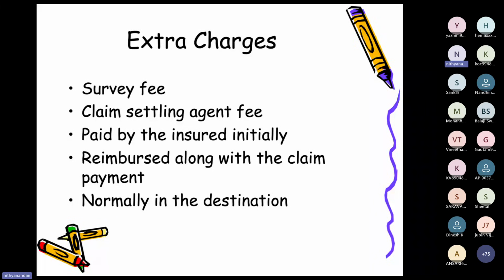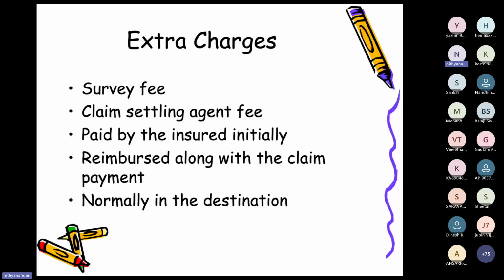Suppose the claim is also rejected, the amount paid by the insured for survey fee and claim settling agent fee also will be rejected. He will not get the payment. So simple logic: whenever the surveyor is appointed by the insurance company, they will pay the fee irrespective of whether the claim is payable or not.